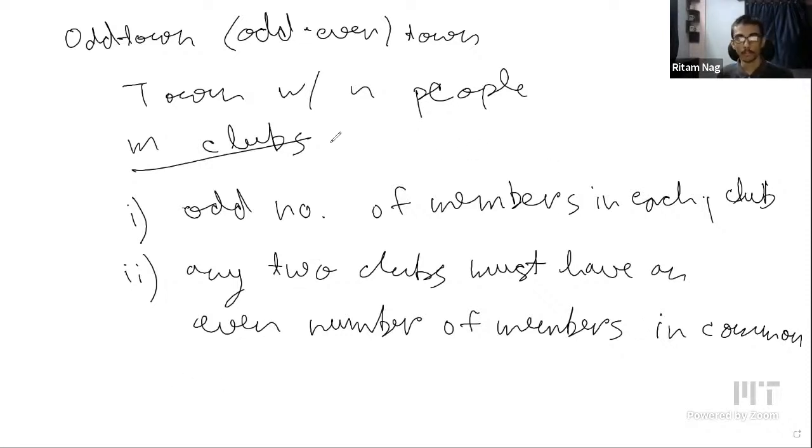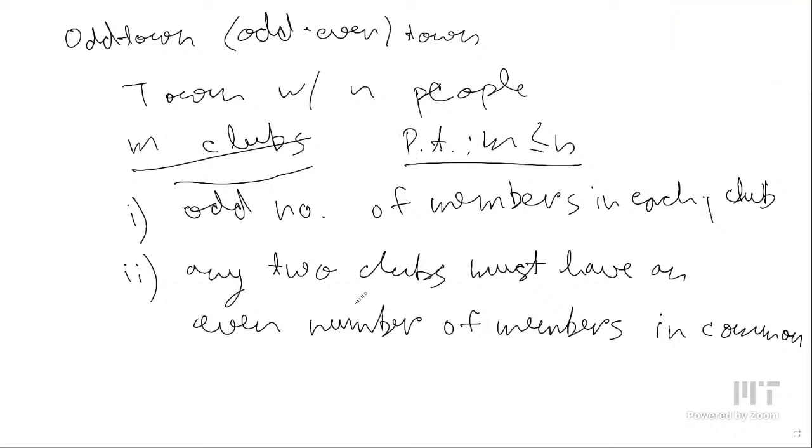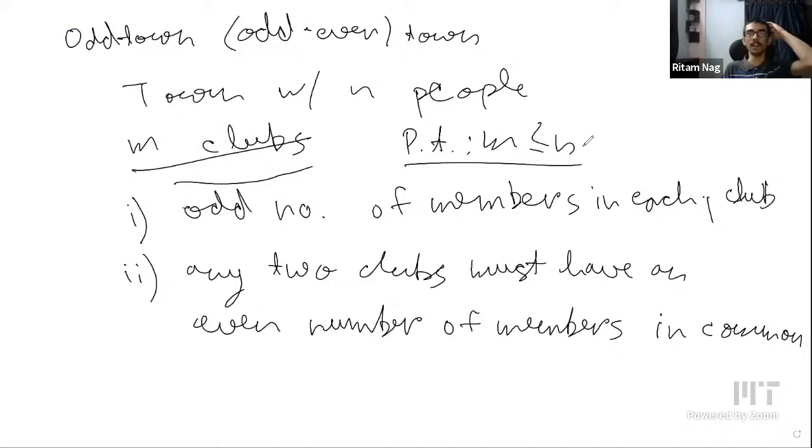So what is the maximum possible value of m? Or actually just prove that m is less than or equal to n. Yeah, n is the maximum possible value of m.